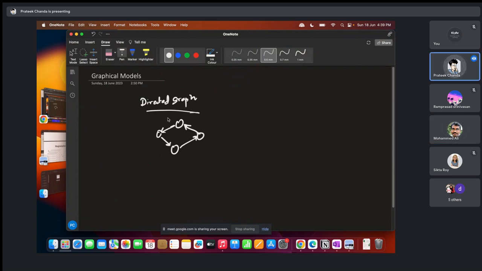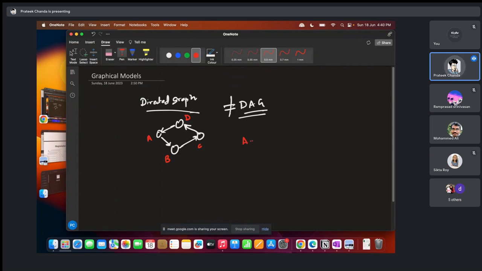This is a directed graph because all the nodes are connected via directed edges, but it's not a DAG, or directed acyclic graph. Why? Because if you see, let's label these nodes A, B, C, D.